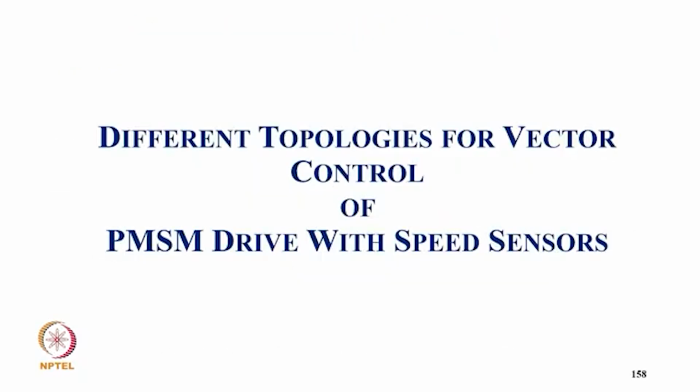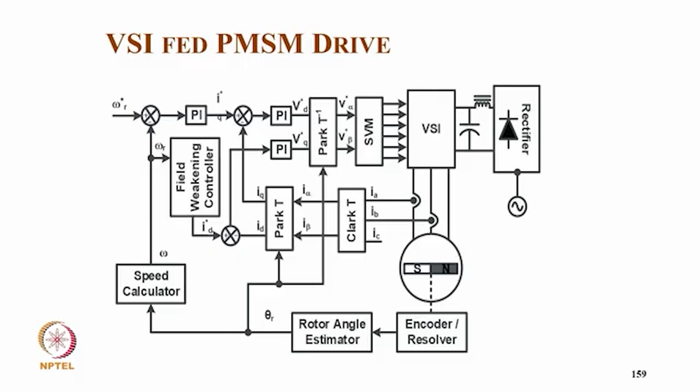So coming to now different topologies for vector control of PMSM drive with speed sensor. So we have here a resolver or an encoder with the rotor position sensing, with which we calculate the speed, and we have a speed controller which gives the torque producing component IQ, and from speed we get a field weakening ID star, and taking the ID IQ feedback and the PI controller we get VQ star, and from the inverse torque transformation we convert into V alpha beta.